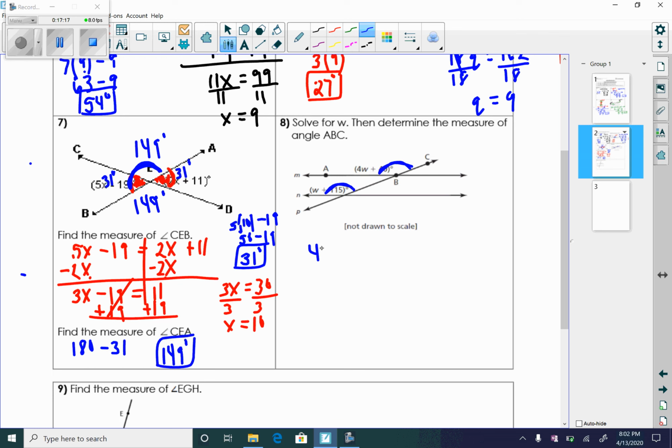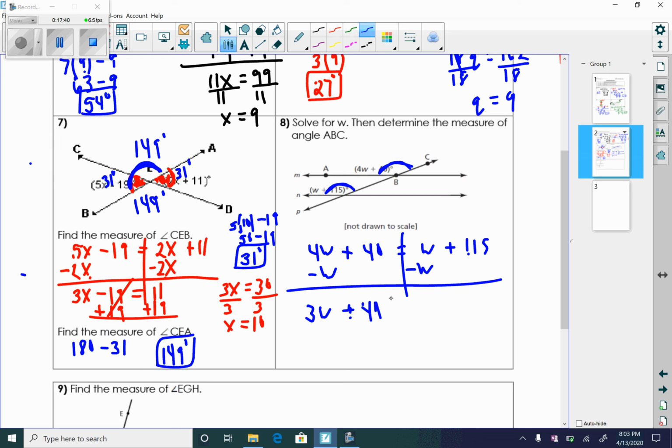So my equation is going to be 4W plus 40 equals W plus 115. Move variables to one side. So I'm going to subtract 1W from both sides. That's going to give me 3W plus 40 equals 115.